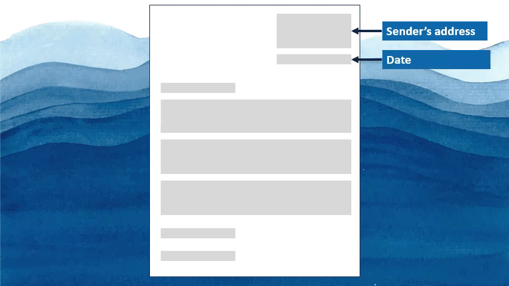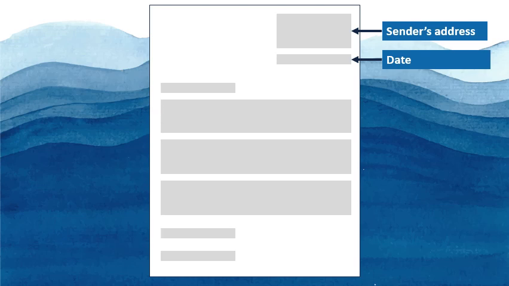Right, so I've recreated the template for you on the slide here. So at the top right of the letter, there should be the sender's address. Since you are the one who's writing the letter, it should be your address in this part. Okay, so at the bottom of the sender's address, there should be the date of when you are writing the letter.